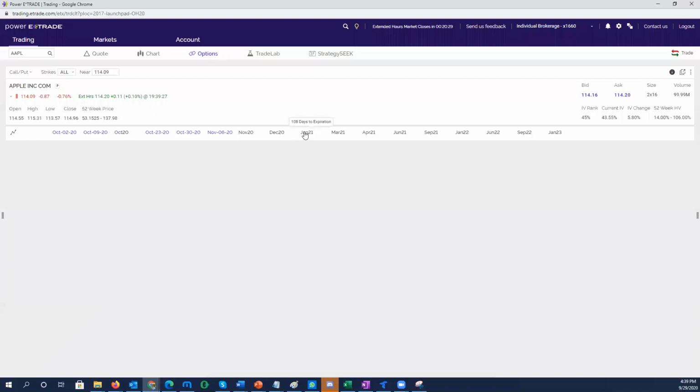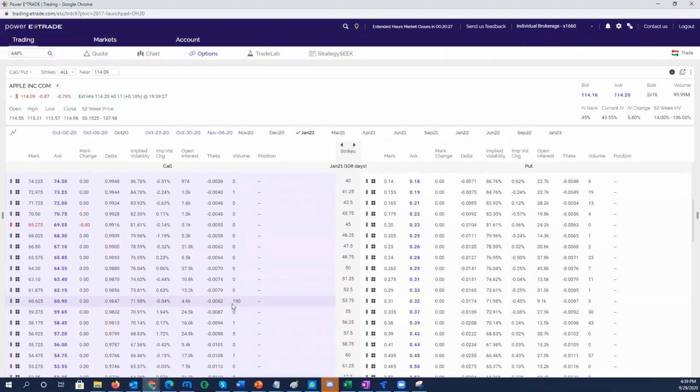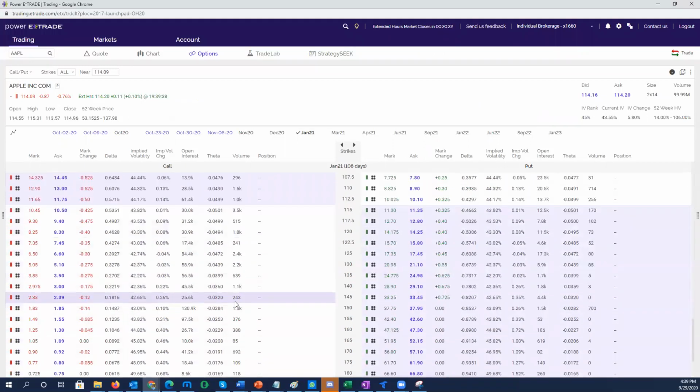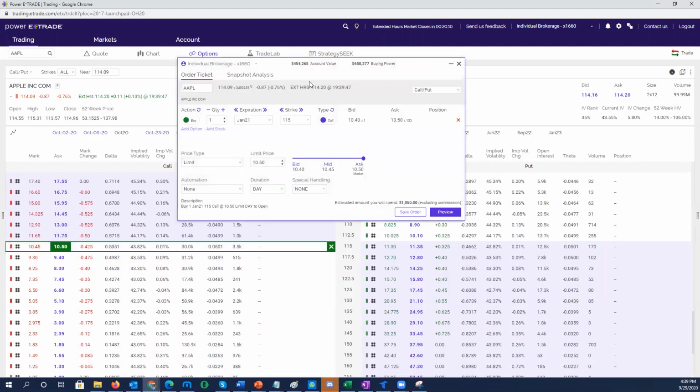Maybe I want this January 21 expiry. That is 108 days. I want a little more time. So that's why I'm going to buy this 108. Okay. You can buy in the actual trading hours. Right now it will be in the queue if I post anyhow. Okay. So I go here 10.5. So I select this one. So this one opens up.